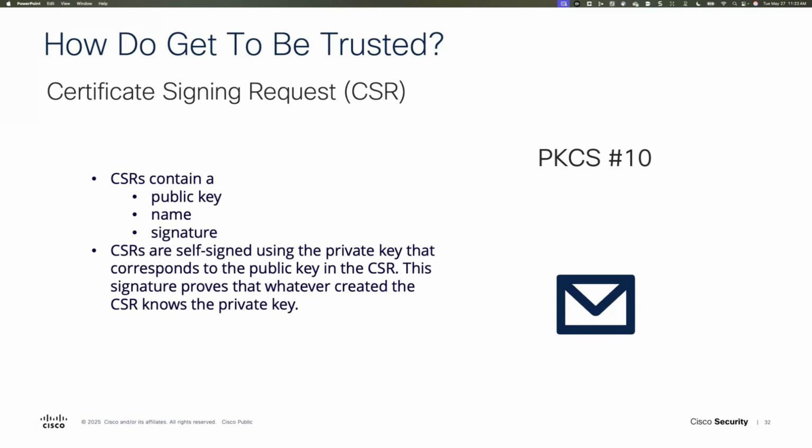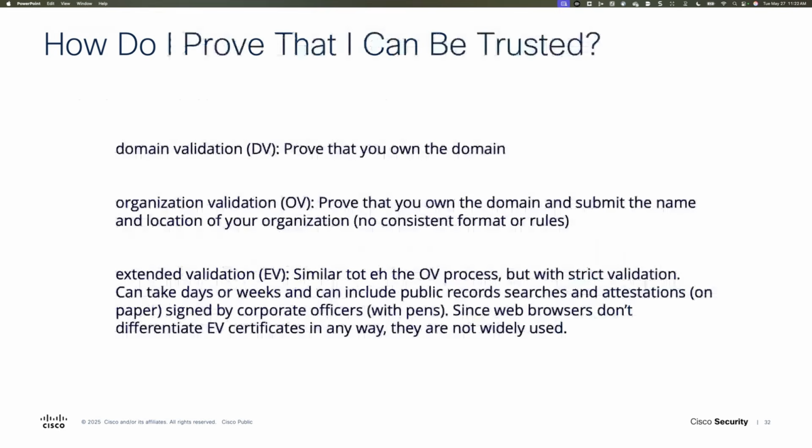You send that to the certificate authority, and it says, all right, now I have to validate this. And how does that happen? Well, it does some external validation to ensure that you are who you say you are. I can go and I can say, hi, I'm Charlie all day long.